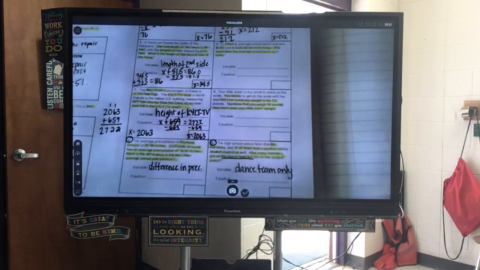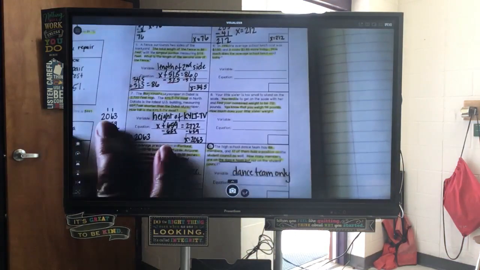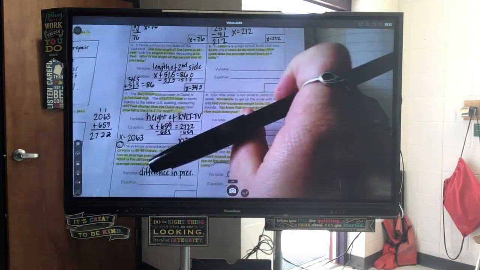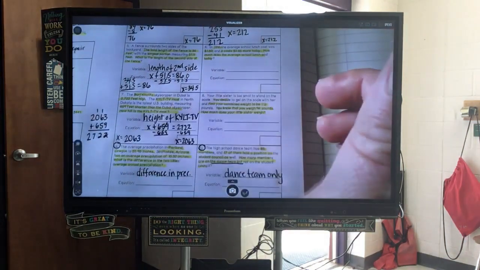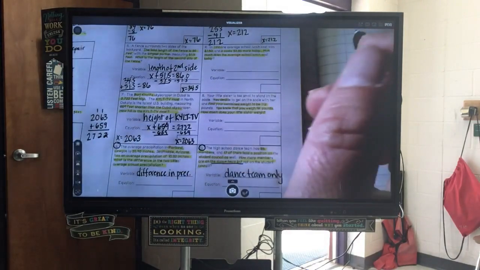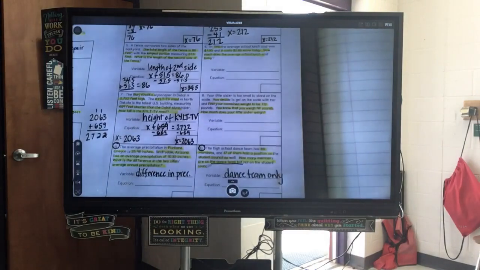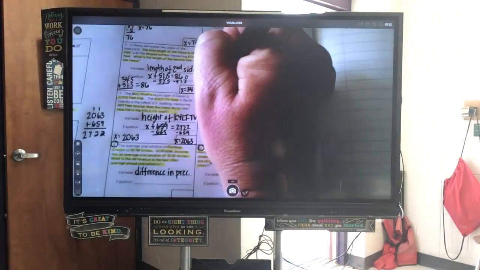Okay. Alright, number 6 says in 1990 the average school lunch cost was $1.50 and it costs $2.85 more today. How much does the average lunch cost today? Aiden, what's your variable? What are you looking for? Average school lunch cost today.